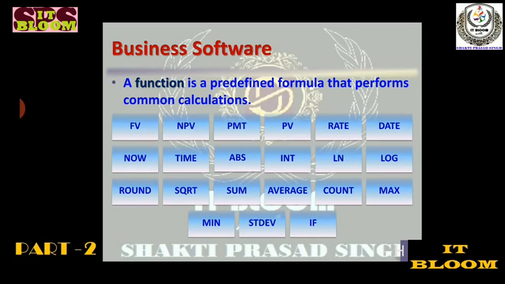The Max function will display the maximum value of a cell from the selected group of cells or selected cell range. The Min function is used to display the minimum value of a cell from the selected cell range. Next one is the stdev function.